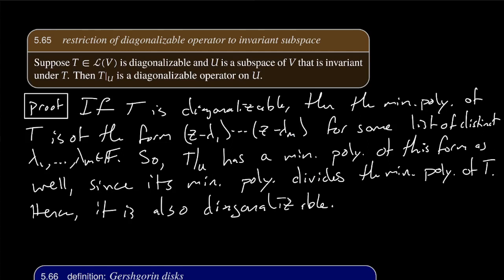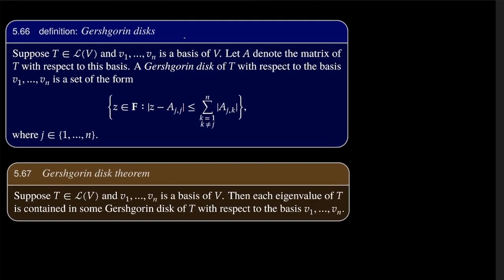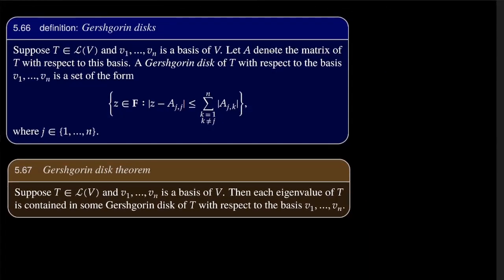All right. Let's take a break from this piece and move on to something that is related, but not quite as closely related. And I will try to motivate this with a nice little picture, kind of. So here's the idea of it. Now, if you don't have a diagonal matrix, you might look at your operator and say, hey, I can't say too much. I don't know too much about what its eigenvalues are. If I can't upper triangularize it, I don't even know that the eigenvalues are the things on the diagonal of a matrix of it.